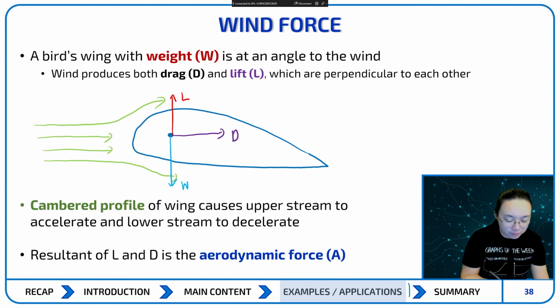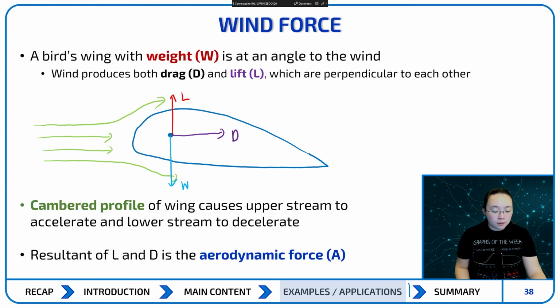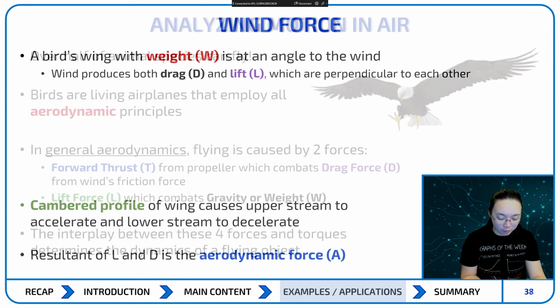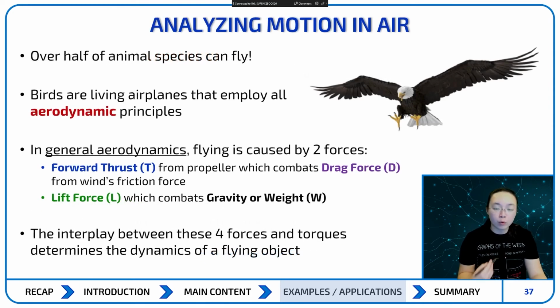So we have D. So there might be something else that acts on the system. And that would be your thrust, or T. So if you take a look back, you have a forward thrust from a propeller, which combats your drag force.